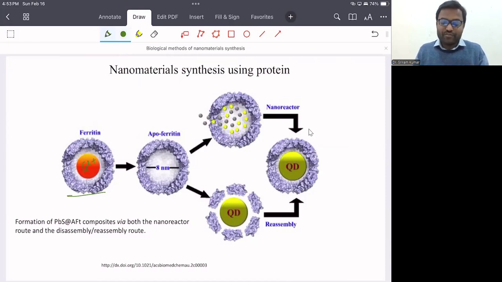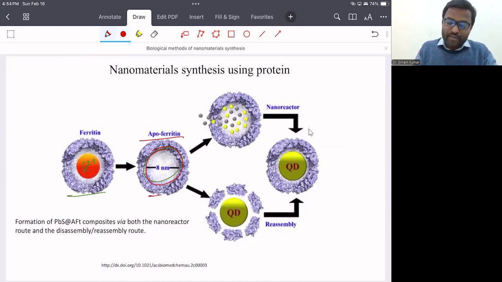First we need to take out that iron plus 2 from the cavity. Once we take it out, we have an empty cavity, and this structure is called apoferritin. So ferritin is a protein which has iron plus 2 in its cavity, and if we take out that iron, we get a protein structure called apoferritin.